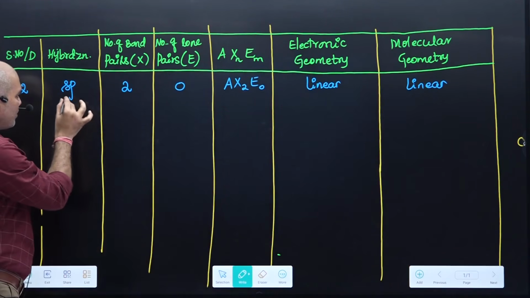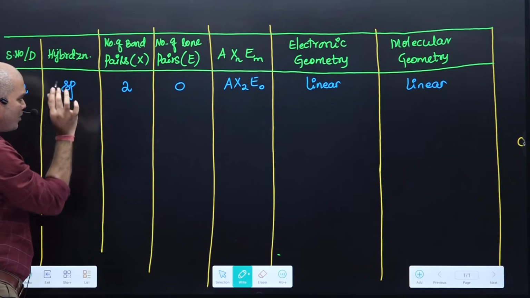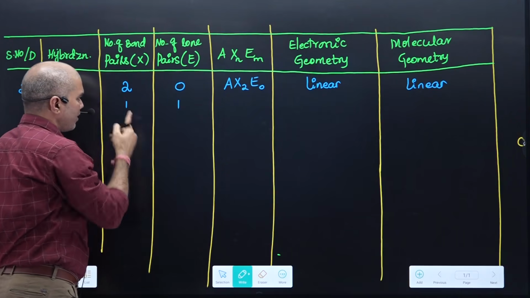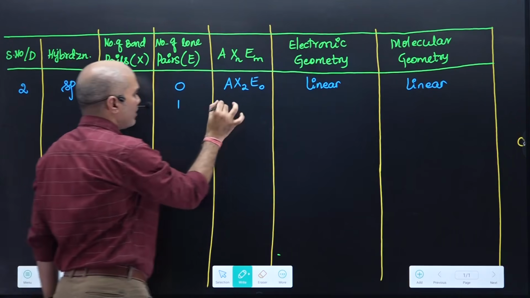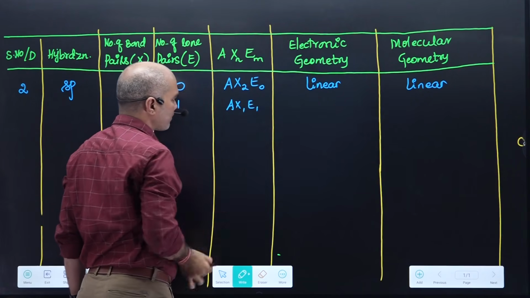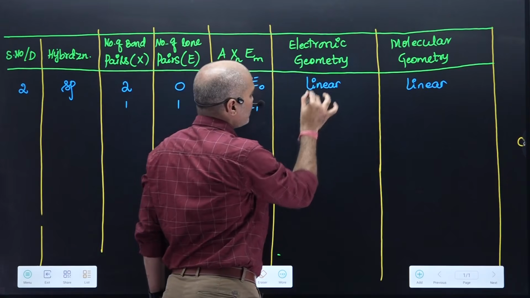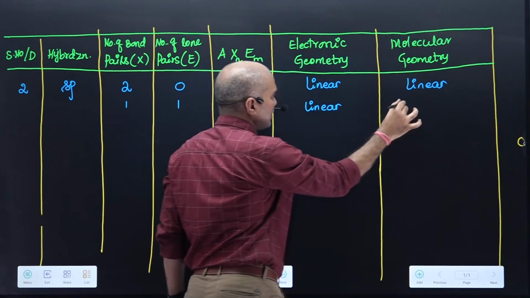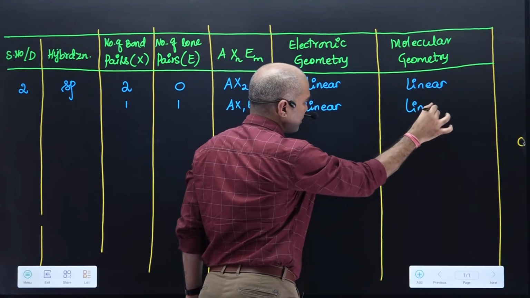Next, for steric number 2, sp, this will not change. For one particular steric number, same geometry. But here if I take a lone pair, then one bond pair, one lone pair, the symbolism will be AX1 E1. Geometry will be linear. This should also be linear.